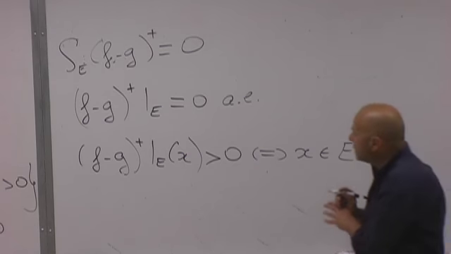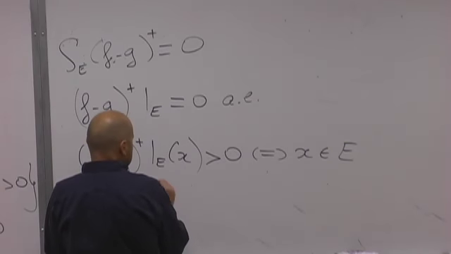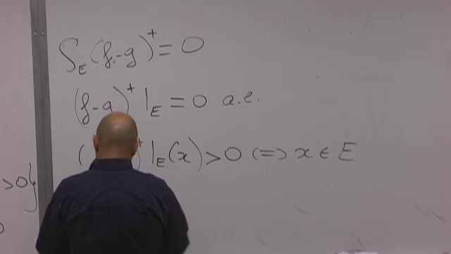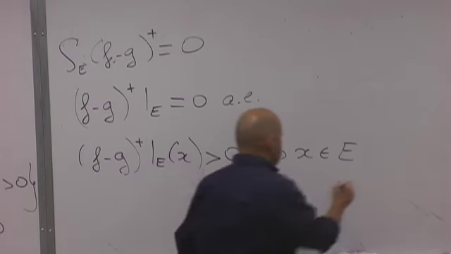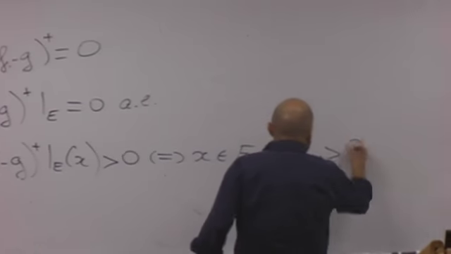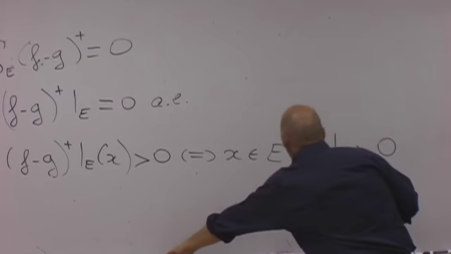Okay? So what this is telling me is that this is strictly positive if and only if 1E of x is strictly positive.